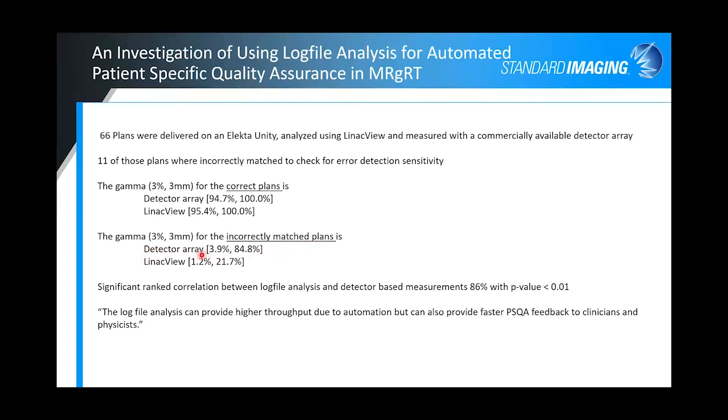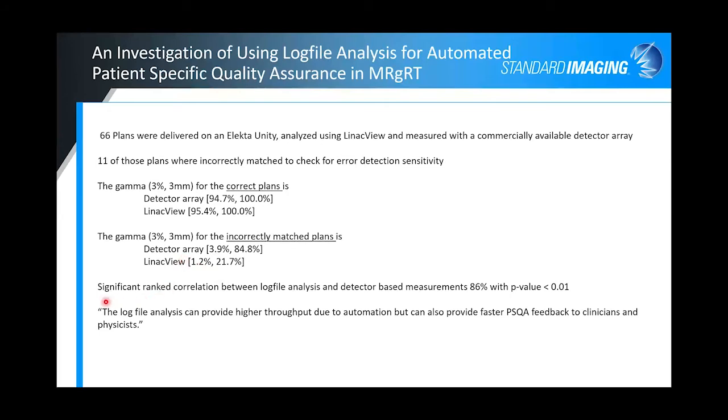The detector array showed gamma pass rates of 3.9% to 84.8%. So clearly, you can see some failure going on here. LinacView, though, showed 1.2% to 21.7%. These were all quite clear failures and more sensitive than the detector array.